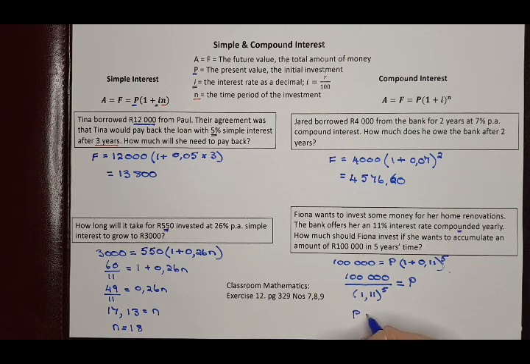And so our present value has got to be 59,345 Rand. I shouldn't have written a comma there. And 13 cents.